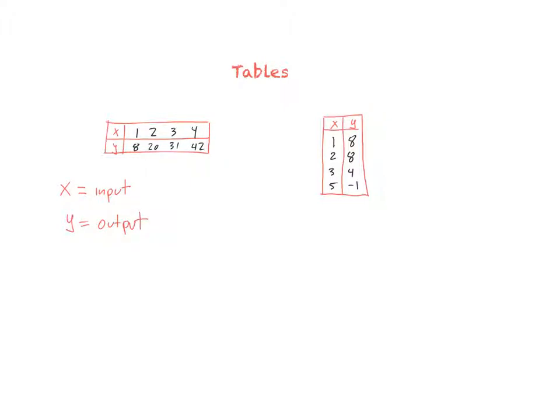Especially if you're in a school and they don't let you sell soda, then you're going to have a couple different buttons that are going to give you water, which is fine. But that means that it's working. As long as you press the button for water and you get water, it's fine. Then 3 goes to 4 and 5 goes to -1. Those are all examples of functions and everything works in this case.